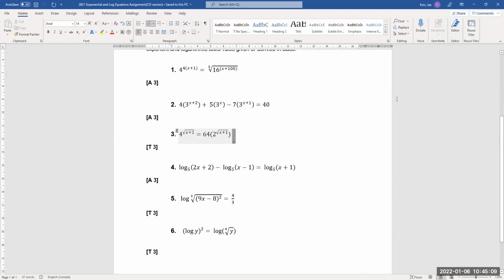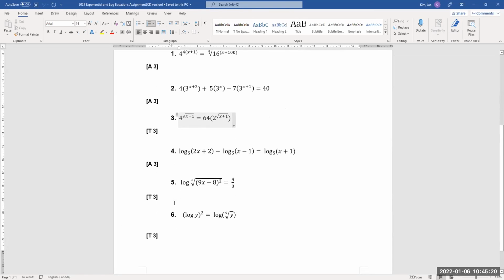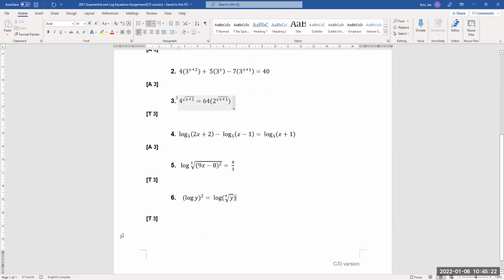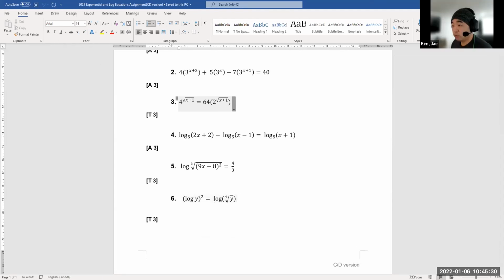Mr. Kim, your number 6 is different than the one that I have. Mine has a log and then another log on both sides of the equal sign. Oh, right. What you probably have is this one, correct?